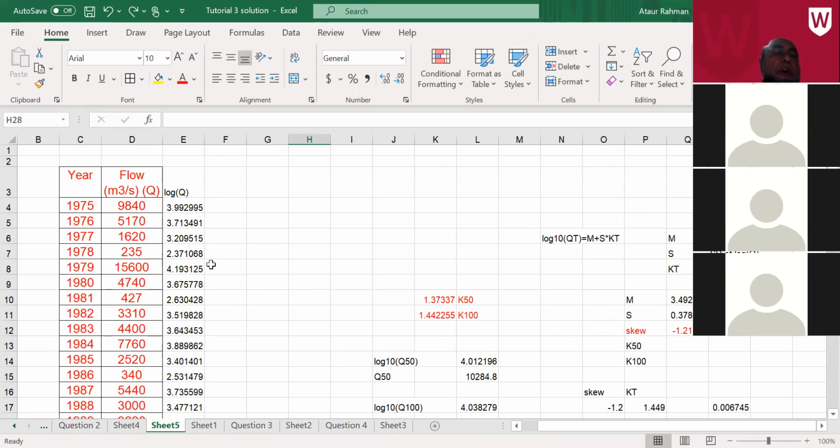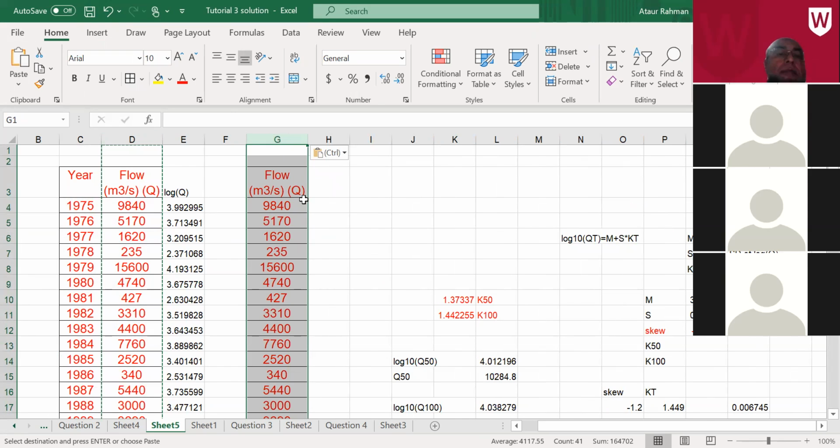Basically, we have to plot the flow and return period of the non-parametric method. Generally, we plot in this way that we take this data here. And then we sort the data.